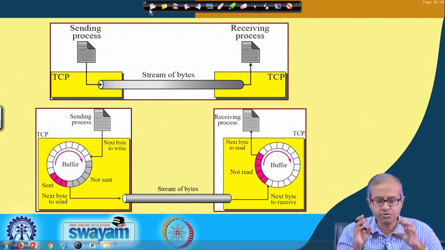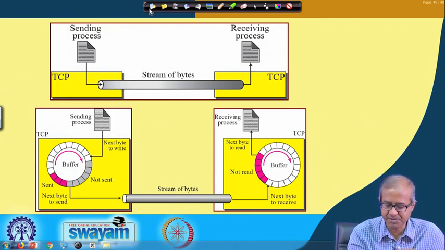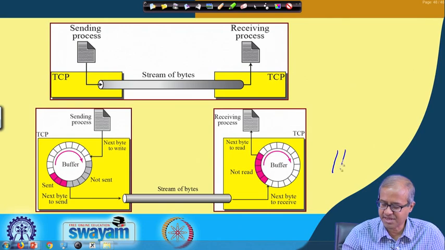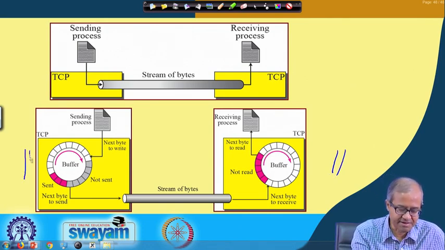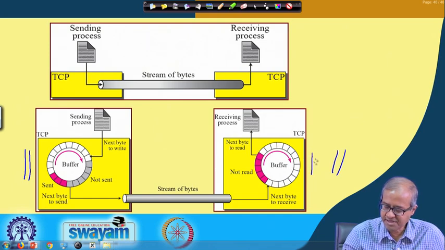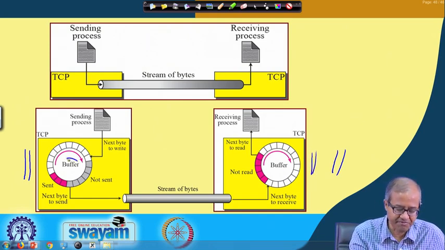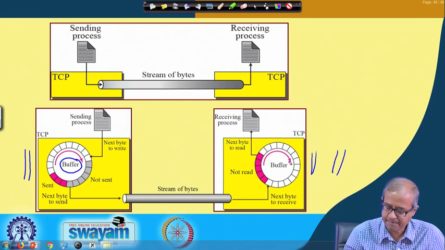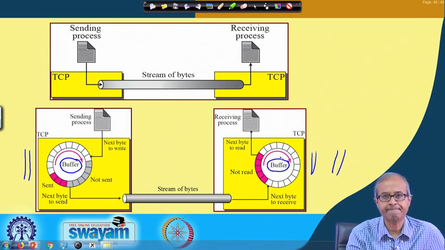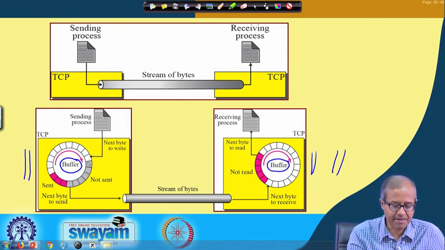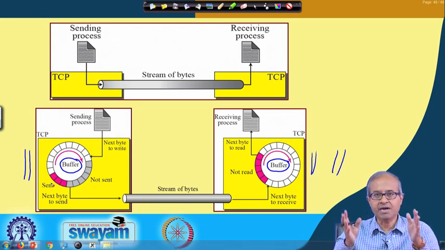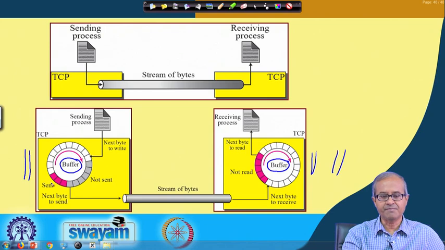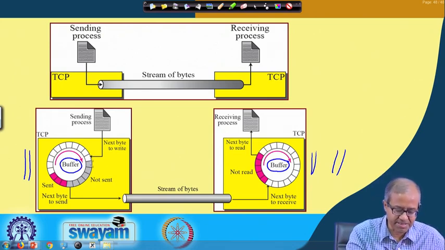Now, let us look into some more detail inside TCP, which is shown in the next diagram. You see both the sender and the receiver maintain some kind of a buffer. The buffer at the sender side will contain the message that it is trying to send. It is a stream of bytes.